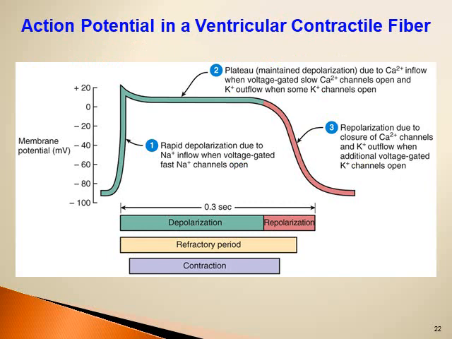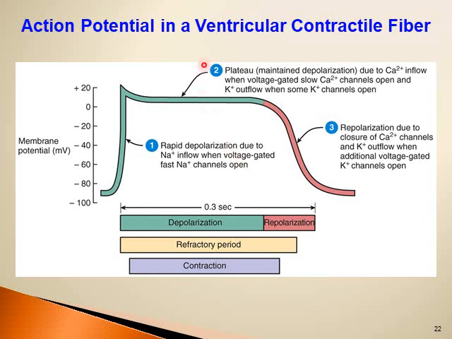Here in this figure we can see the different phases of an action potential of a ventricular contractile fiber. You can see here the rapid depolarization. It is due to the inflow of sodium, which is similar to what happens in the neurons and skeletal muscles, due to inflow when the voltage gated fast sodium channels open.